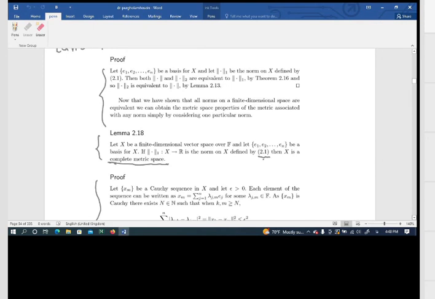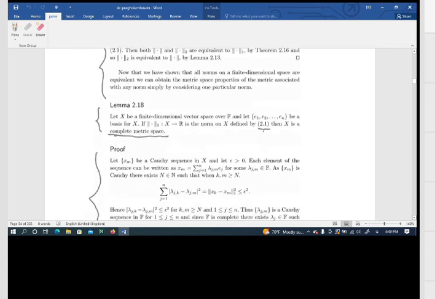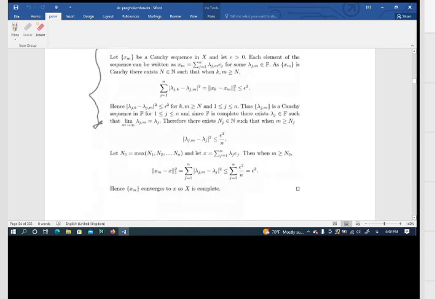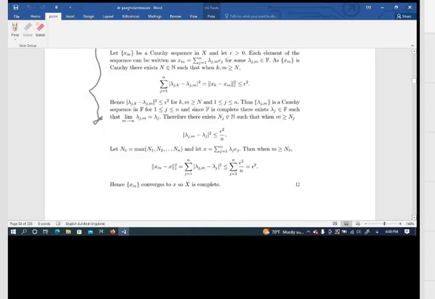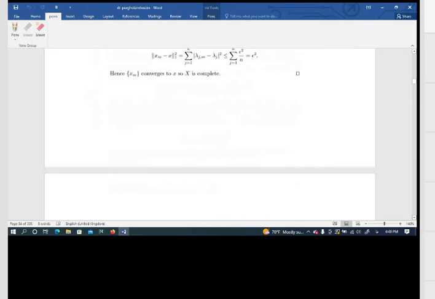Because all the norms on a finite dimensional vector space are equivalent, we conclude that any norm on a finite dimensional vector space is complete. And this is very important. For example, Rn and Cn are complete normed spaces because they are finite dimensional.